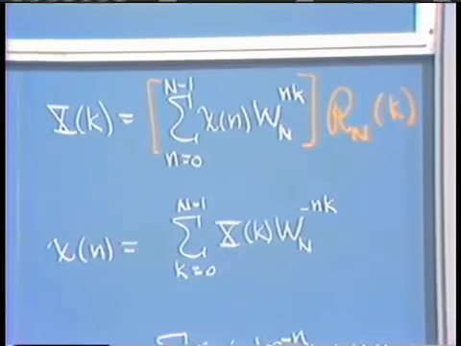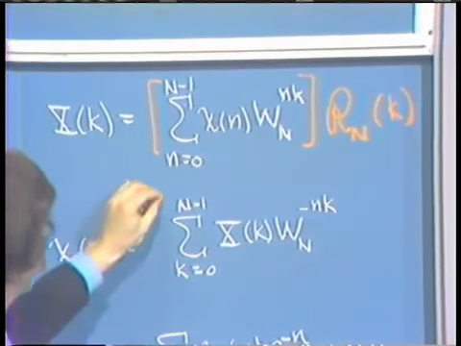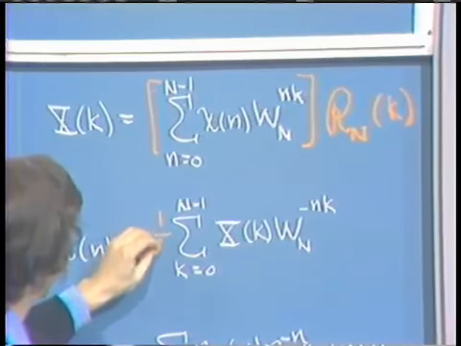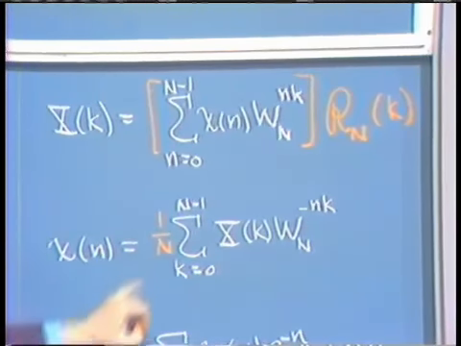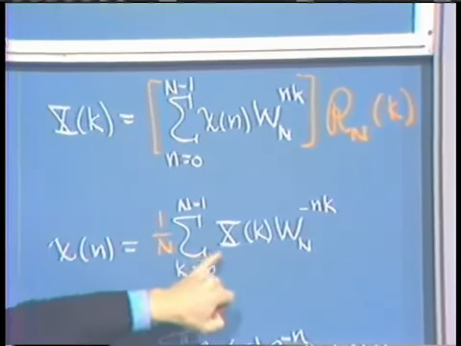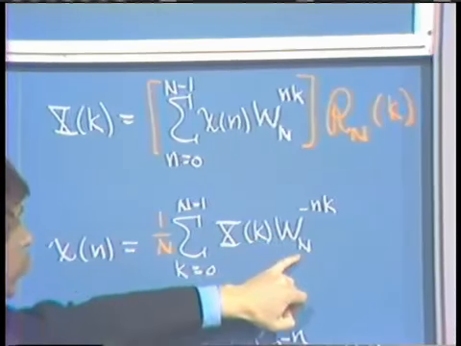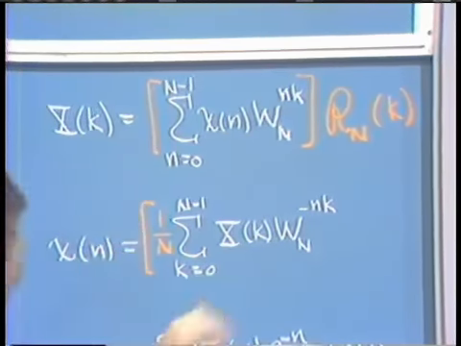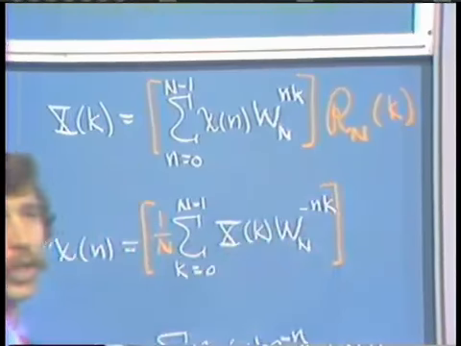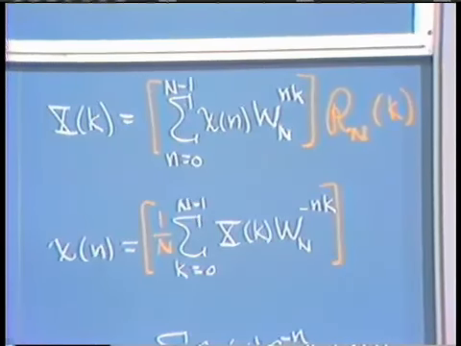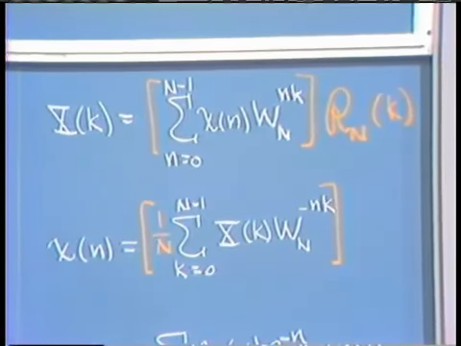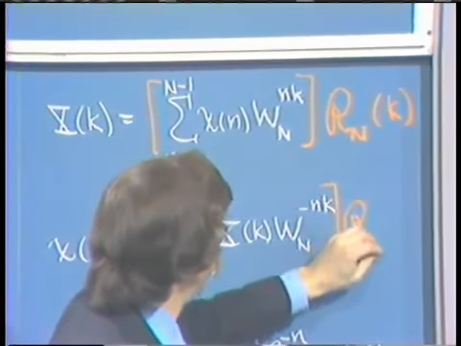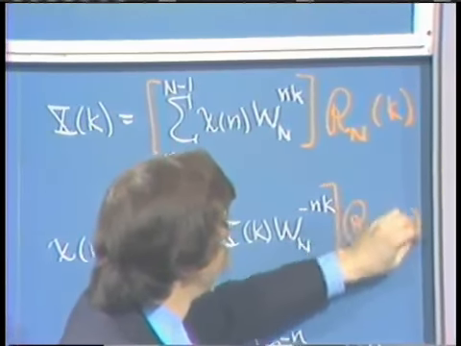The inverse discrete Fourier transform relationship then is the inverse Fourier series relationship, 1 over capital N, the sum of X of k, W sub capital N to the minus nk. And again, since we're no longer talking about a periodic sequence, it's necessary to extract one period. This is multiplied by R sub capital N of n.